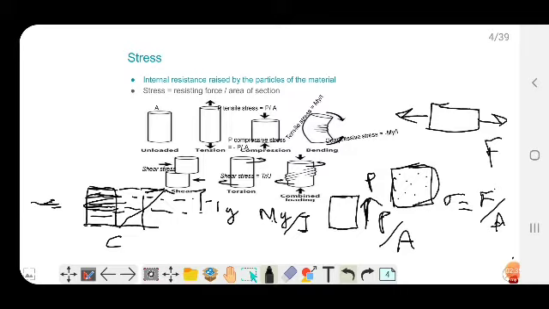And in torsion, the stress experienced is shear stress only. It is given by TR by J, where usually we will be considering cylinders.